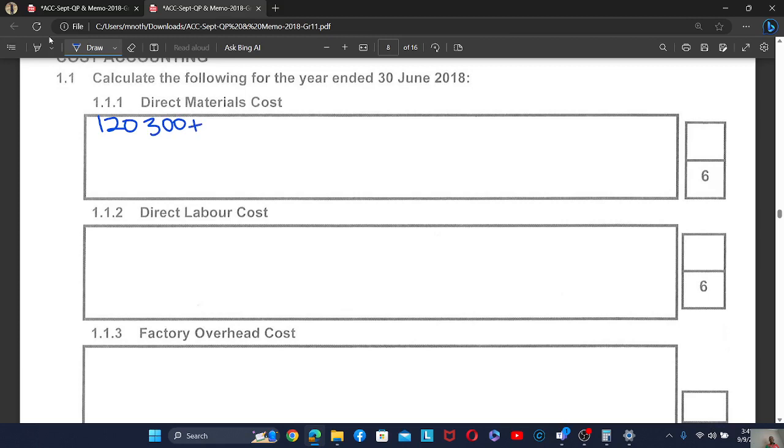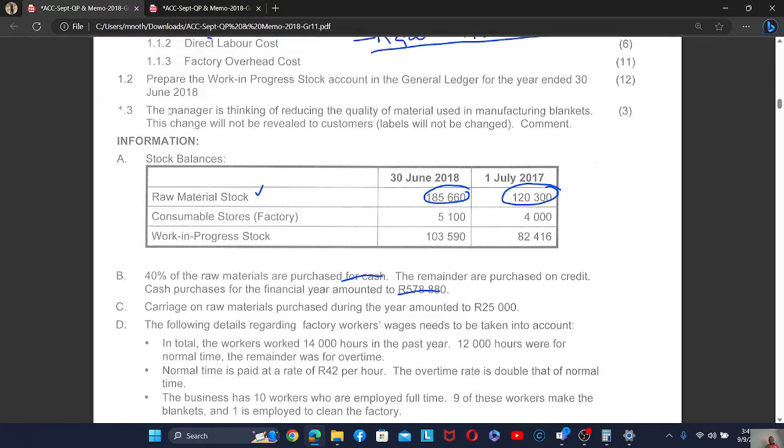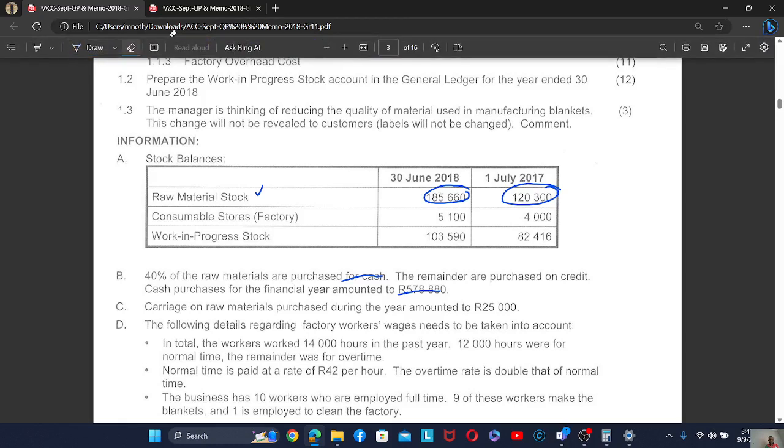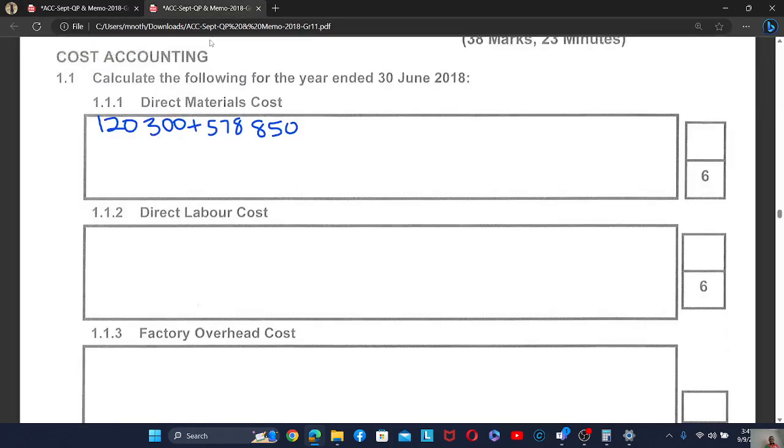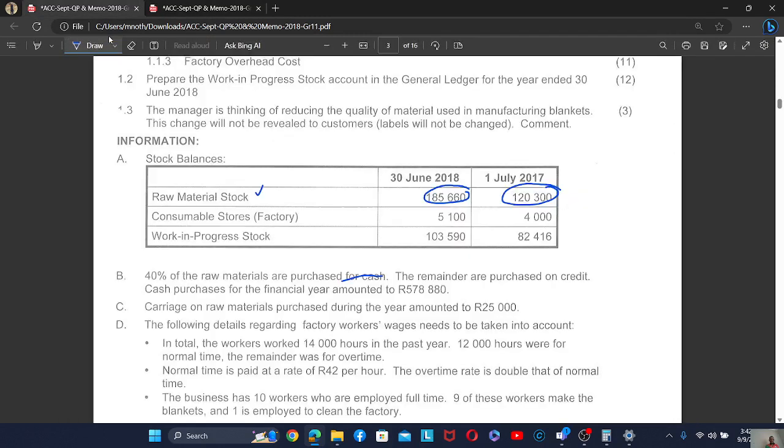And then we bought new raw material for cash, it was 578,880. Let me check. Yes, it's 880, sorry. No problem. But we are not given the raw material that was purchased on credit. We need to find it.